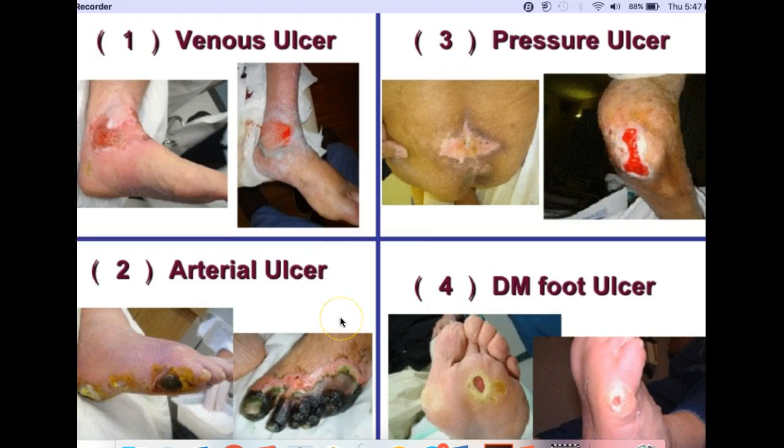The second one is an arterial ulcer. This has to do with a perfusion issue where oxygenated blood is not getting to these areas, and certainly it can cause death of the skin and sloughing. So this person could be a diabetic patient, and you can see this is gangrene.